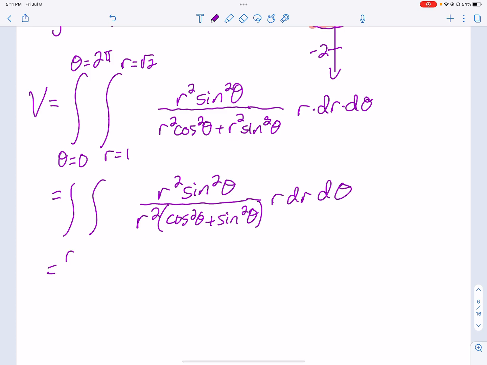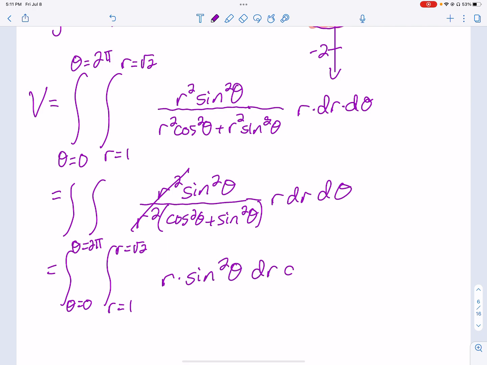All right, so now I'm going to write my bounds because it's going to look closer to my actual problem. I replaced everything. These r's are going to cancel. And then the cosine squared plus sine squared on the bottom will be a 1. And then I do have an r, so I have r sine squared theta dr d theta.